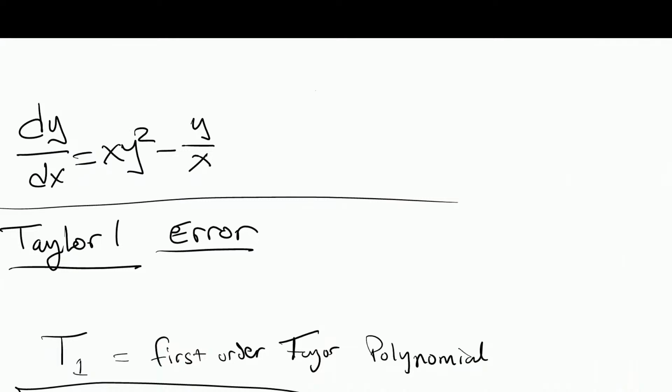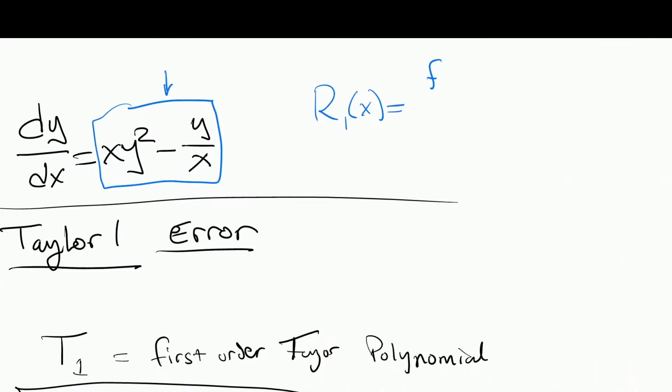Now here's the key, the remainder is equal to the second derivative, which is, if that thing is f, then the second derivative of y is the first derivative of f. So just want to point that out. Evaluated at some c, I've got a little blank space there, I'll explain in a minute, over 2 factorial.